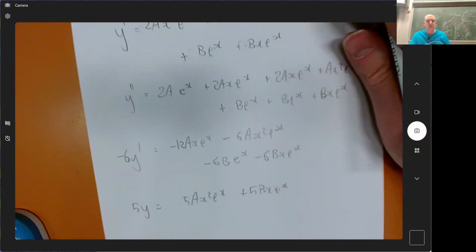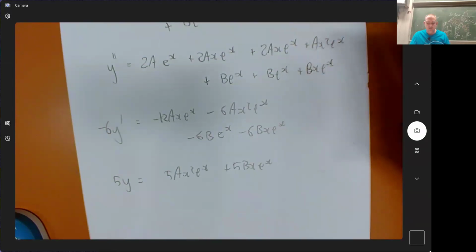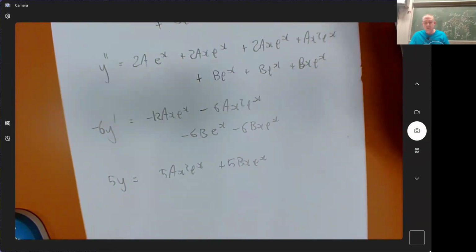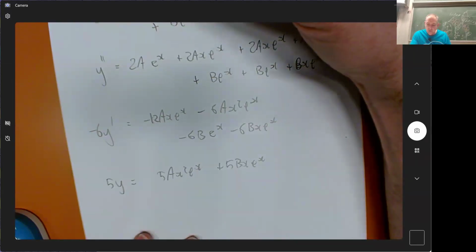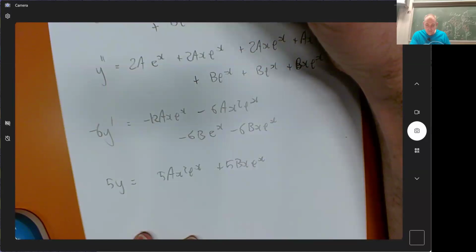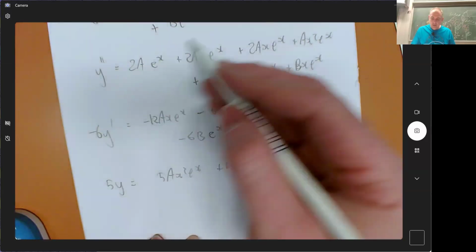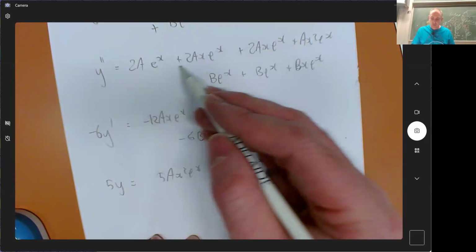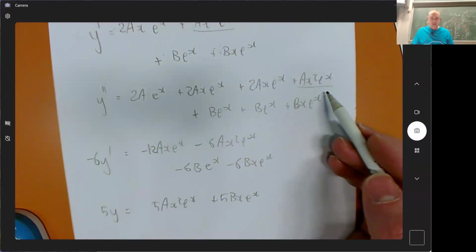So let me just have a look at this. These three things, when I add them together, are supposed to come out to x squared e to the x. So I've got ax squared e to the x, and ax squared e to the x there. Not there.